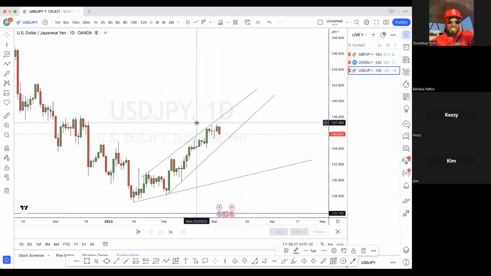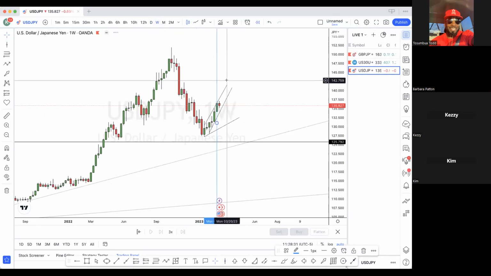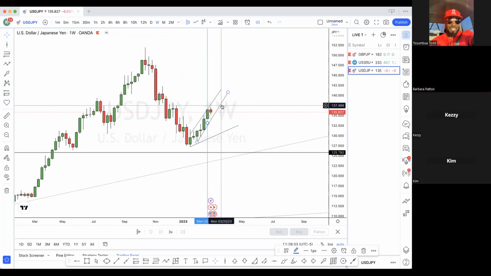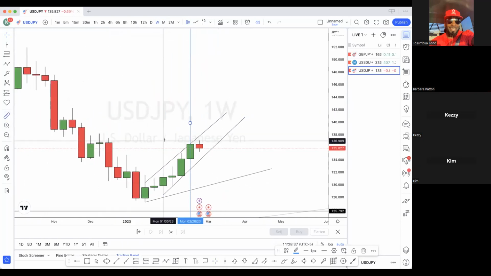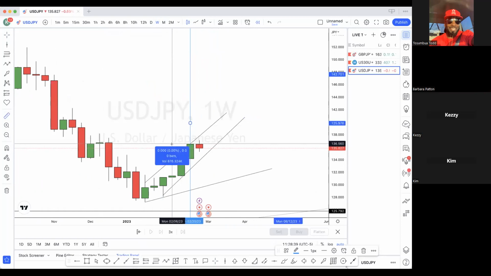This was the weekly candle that Todd was looking for the easy money strategy on. Now this one did pull back. Did it pull back 100 pips yet? Yeah, this one did pull back 124 pips.